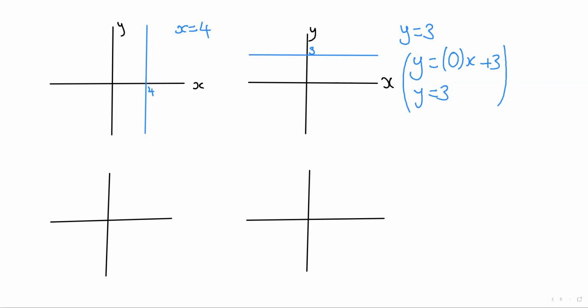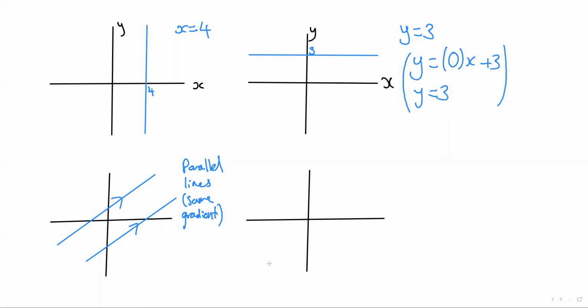Now there are two more properties. If you have two lines which have the same gradient, we say they're parallel lines. And you might know that they never touch each other. Parallel lines, same gradient. And we denote them using these arrows to show that they're parallel.